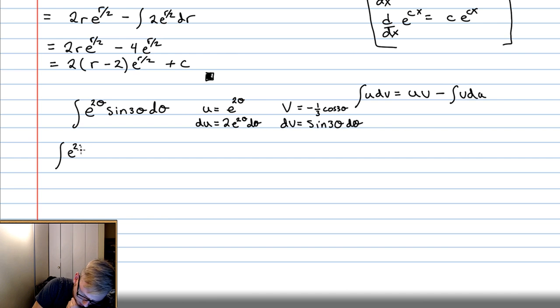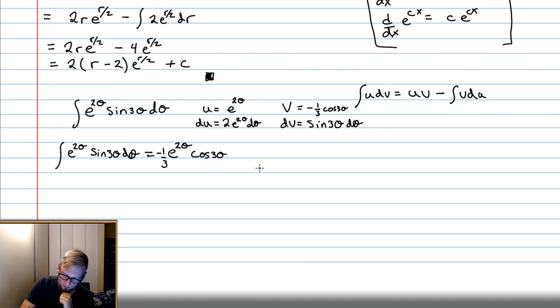Now let's try it. We've got the integral of e to the 2 theta sine 3 theta d theta is equal to uv, which is e to the 2 theta, and v, which is minus 1/3 cos 3 theta. And we're going to minus the integral of v du.